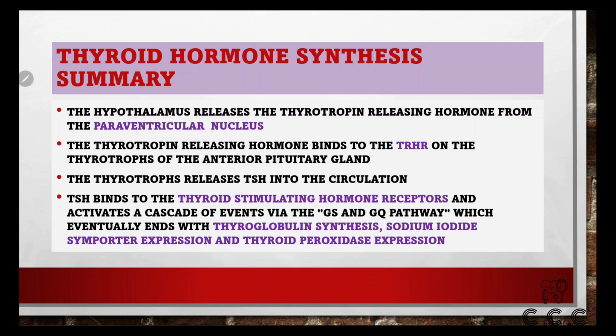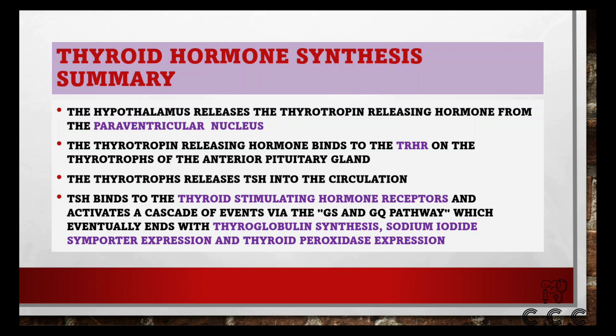The next one: TSH binds to thyroid stimulating hormone receptors and activates a cascade of events via the Gs and Gq pathway, which eventually ends with thyroglobulin synthesis, sodium iodide symporter expression, and thyroid peroxidase expression.